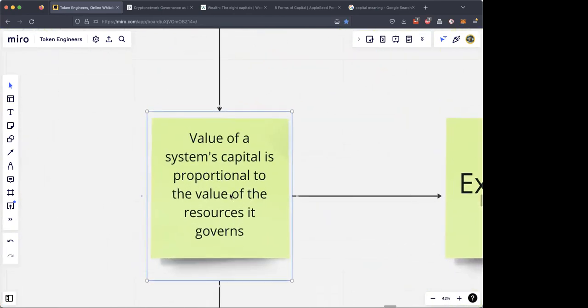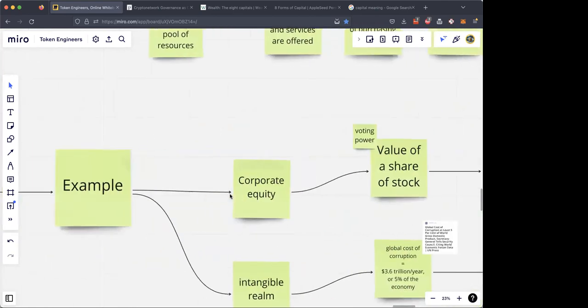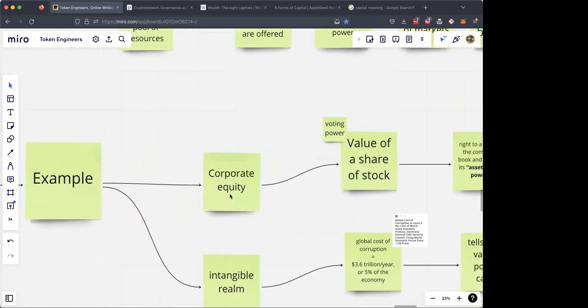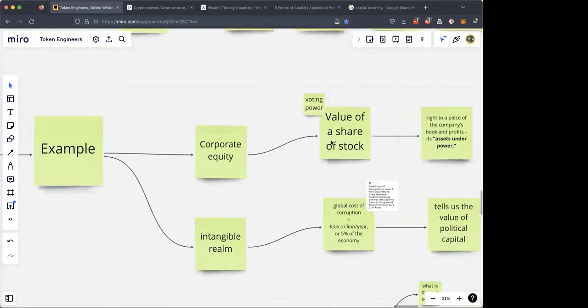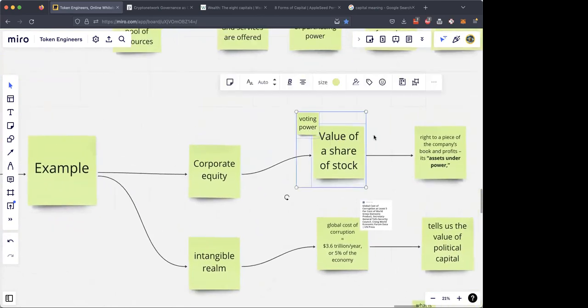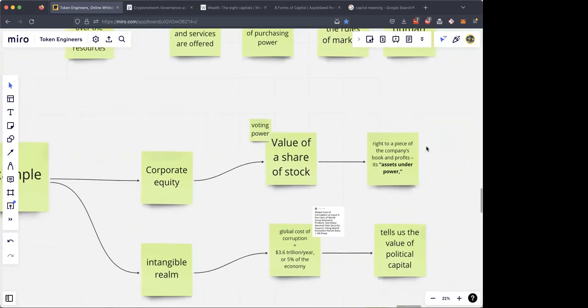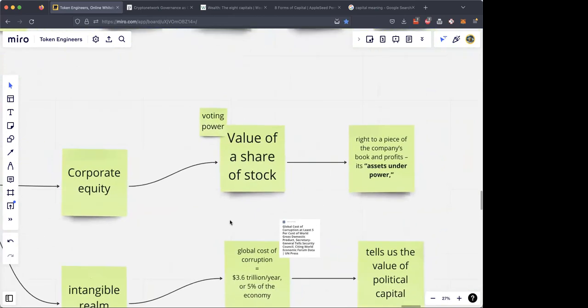And he says the value of a system's capital is proportional to the value of the resources it governs, and gives examples. Corporate equity is also the voting power, and it's the value of a share of stock. It's the right to a piece of the company's book and profits. It's assets under power. So you have more shares of the stock, you have more power to decide where that company goes.